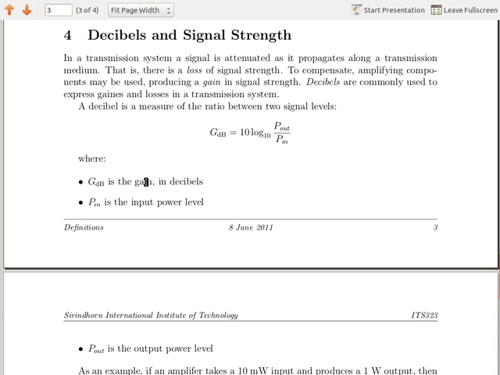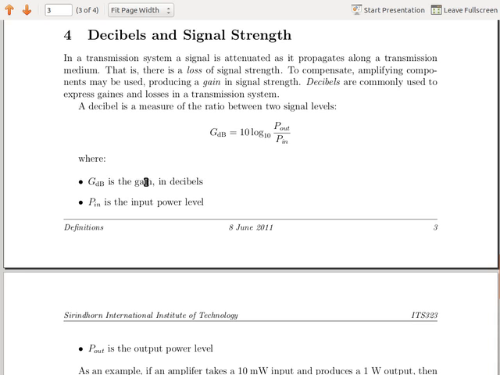This power out divided by power in gives us the gain of a system. The loss is the inverse. And we've used that to convert our signal-to-noise ratio given in decibels to the absolute value, which is needed for the Shannon capacity formula.